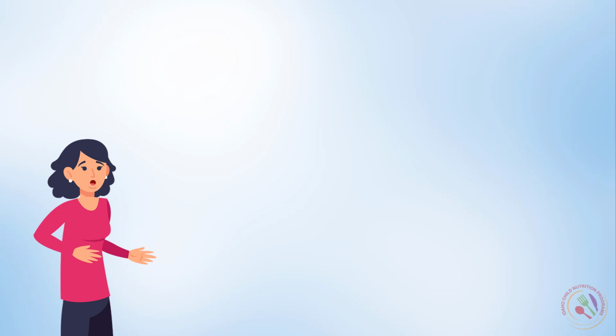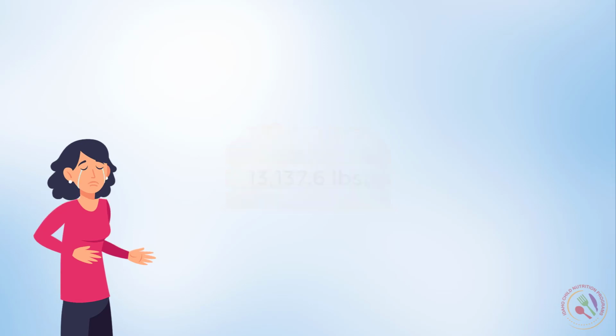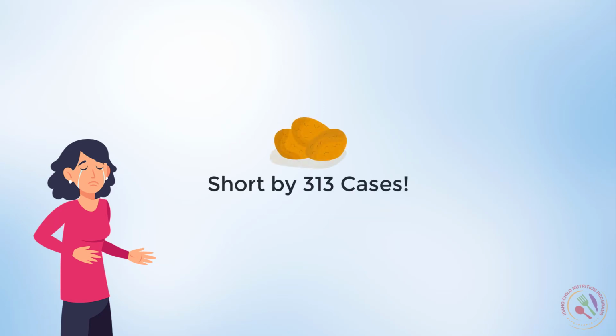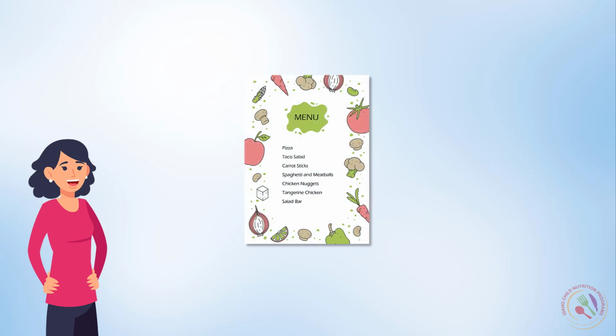Not only does Cindy have an insufficient quantity of dark meat in her bank, she still has 13,137.6 pounds of white meat to process. Because she did not forecast correctly, she did not receive the amount of product she originally anticipated. To avoid this mistake, RAs will want to continually reassess their menu plan to ensure full utilization of all pounds available for processing through Tyson.